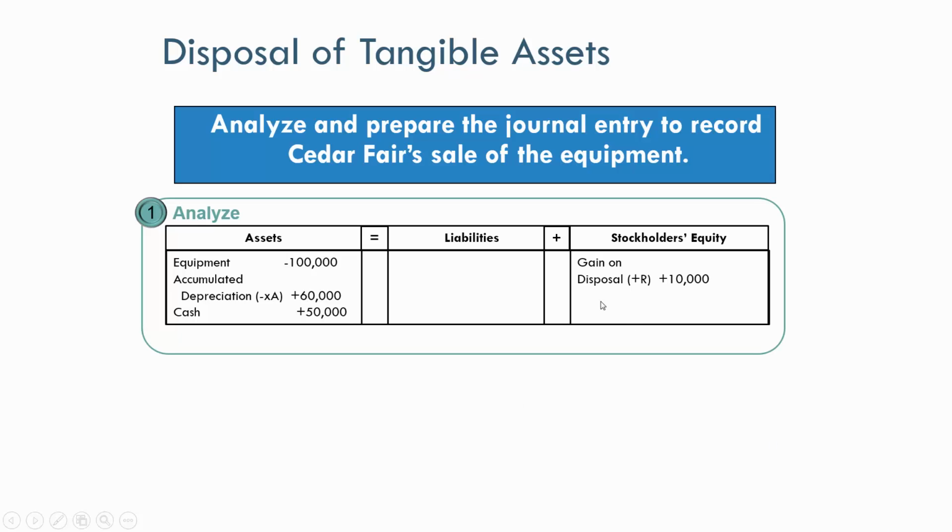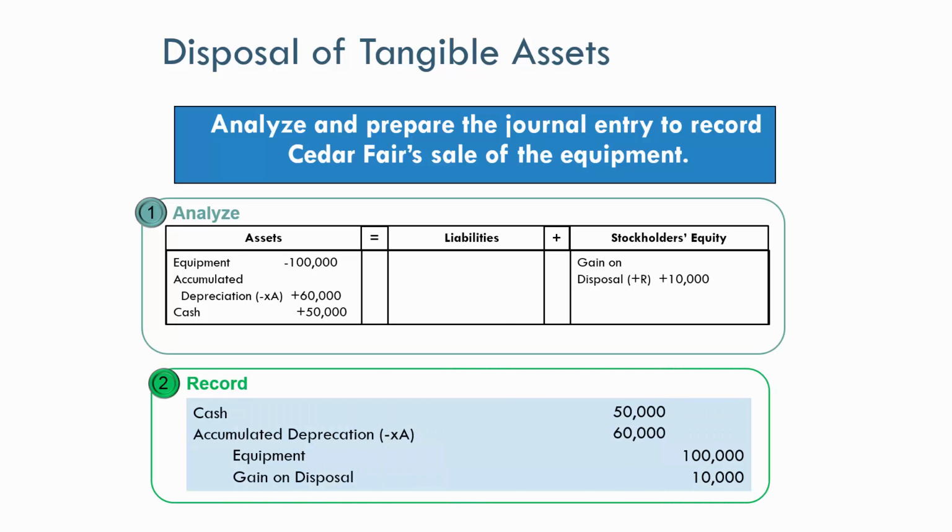And the gain on disposal, well, the calculation of this amount, you can handle it several different ways. The way I just spoke of it was to say, our book value was $40,000. That's what we expected to get. And we got more. We got $50,000. This is a good thing. It's a gain.